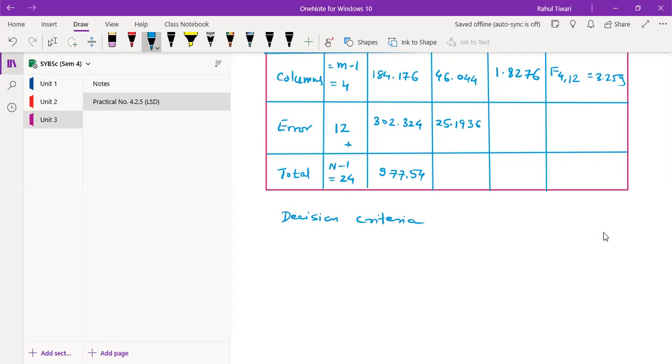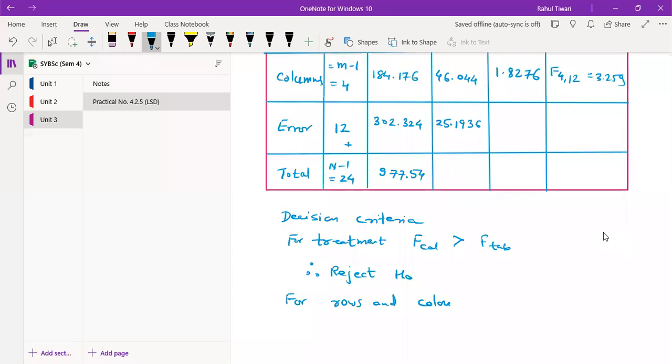So for treatment, first we write for treatment. I will say F cal will be greater than F tab. Therefore, reject H naught. Similarly, for rows and columns, it is the same, right?